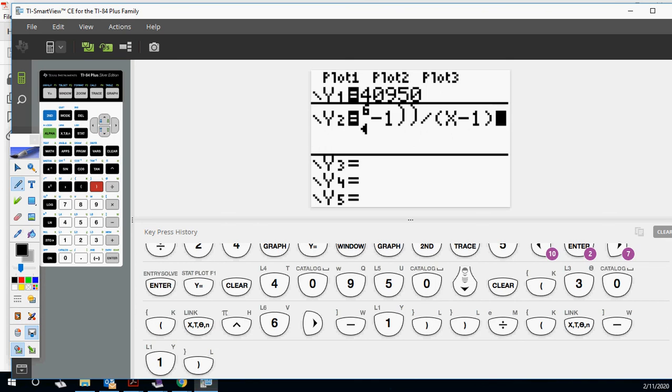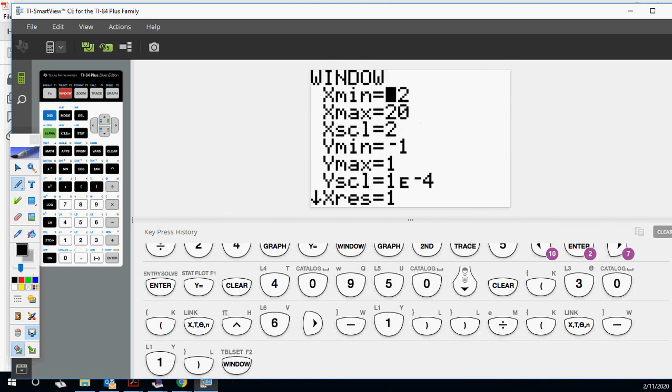Let you get that, and then I'm going to adjust the window with you. We need much bigger than the last one, so we're going to have to adjust. So hit window. We're going to change our x min to 0. We're going to go to 10 by 2s. The y is going to be the big one. My y min, we're just going to stay with 0 because we don't have anything negative for bacteria.